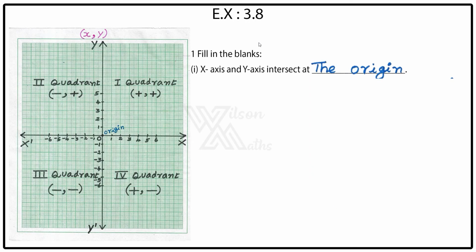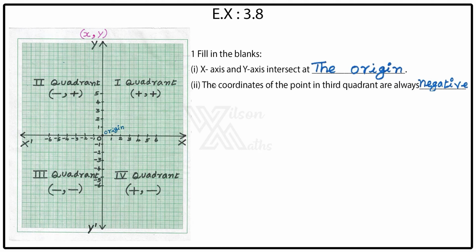Now exercise 3.8. First question, fill in the blanks. In that first one, x-axis and y-axis intersect at dash. This is x-axis, this is y-axis, both intersect at the origin.